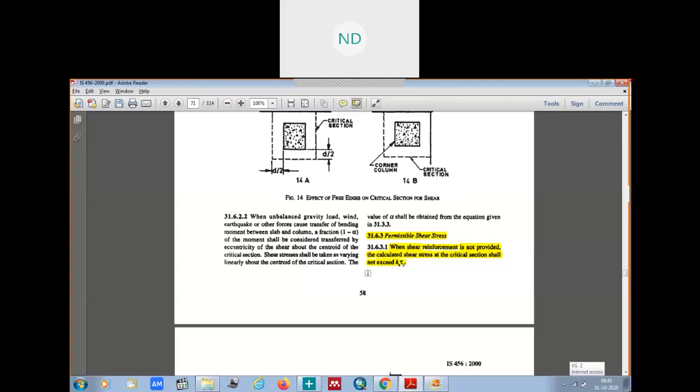The calculated shear stress at the critical section shall not exceed this much.